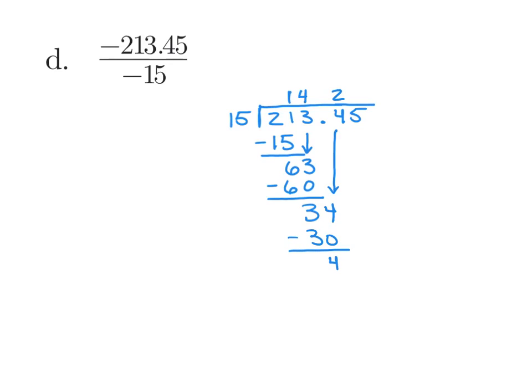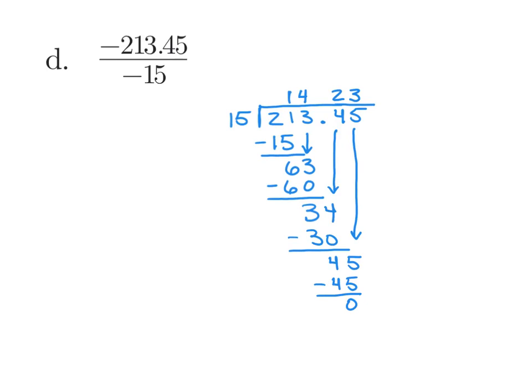Subtract, we get 4. We bring down the 5. How many times does 15 go into 45? That should be 3. 3 times 15 is 45. Subtract, we get 0, and we're done with our division.